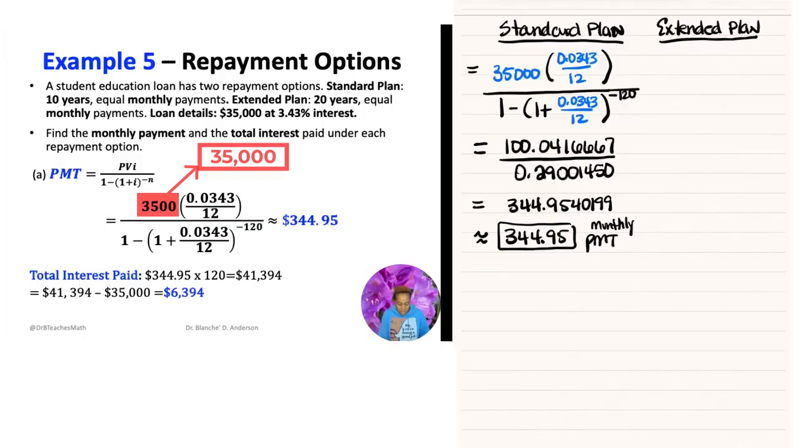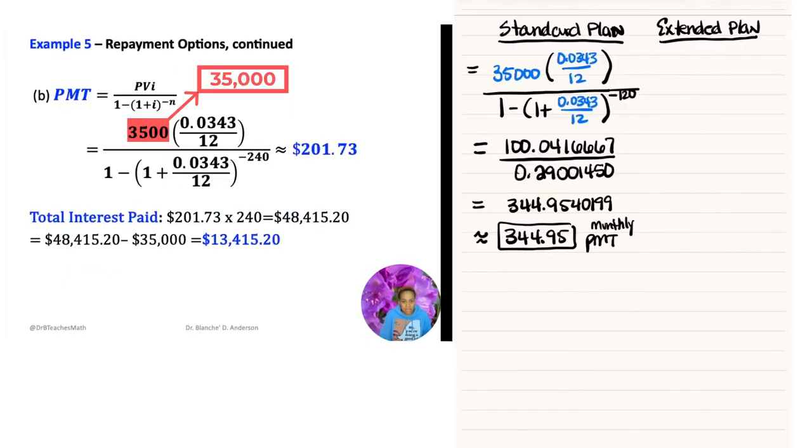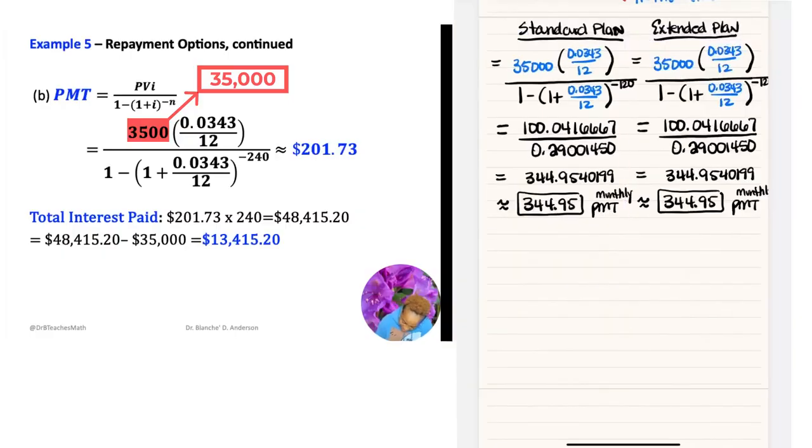Okay, so now let's look at the extended plan. The math is going to be the same. If you notice, the only thing that changed is the number of periods, the 240. So if I'm looking at this, I can literally copy this. That's squeezing it in there, isn't it?